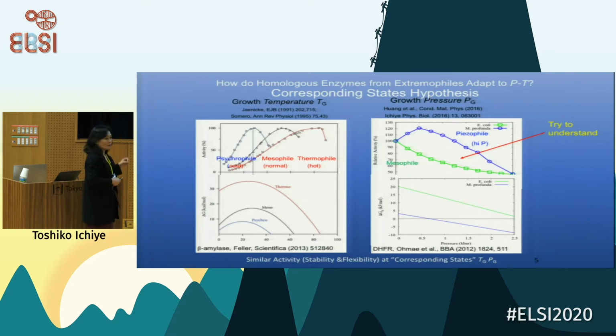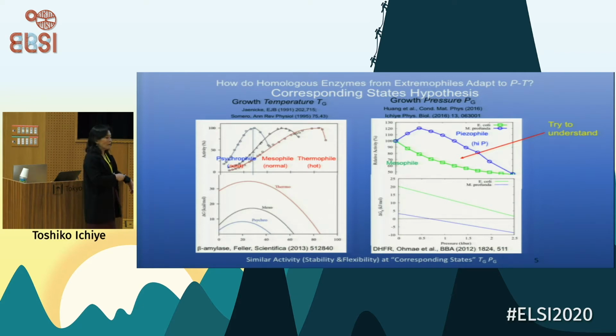There's also another aspect to this. For an enzyme to work, it has to be stable. If you look at the melting temperature of these enzymes, it's higher for the thermophile than the mesophile and the psychrophile. That also makes sense. But there's also a phenomenon called cold unfolding, and the place where this crosses zero is where it unfolds.